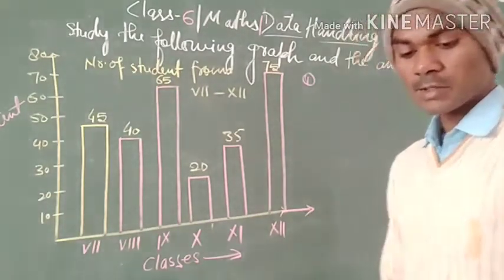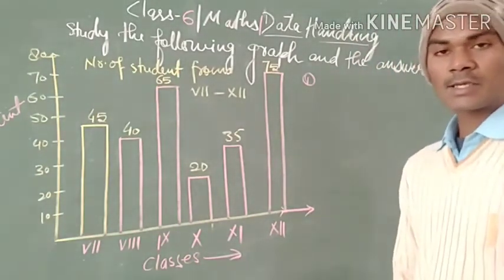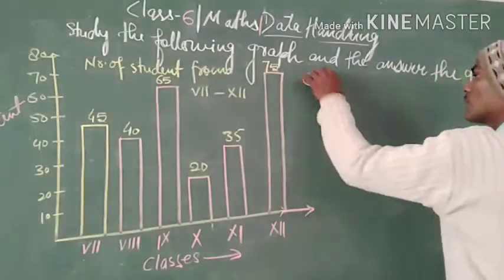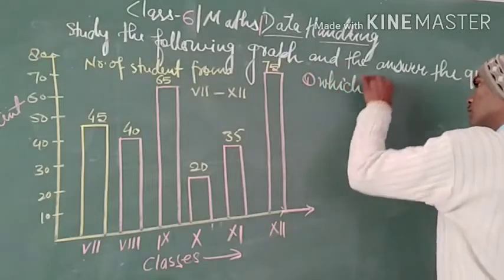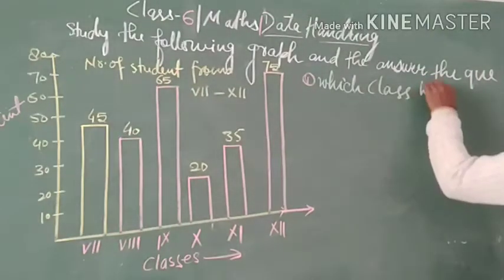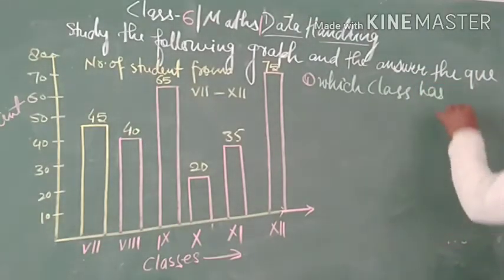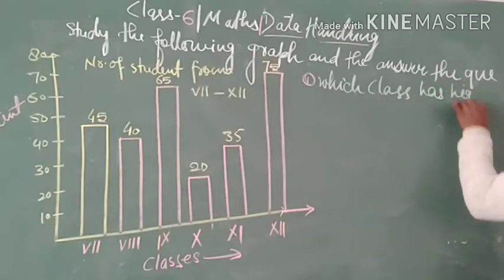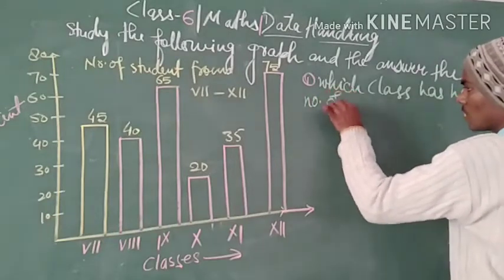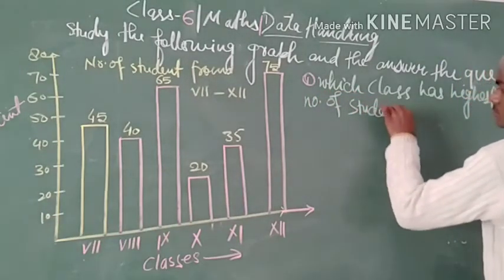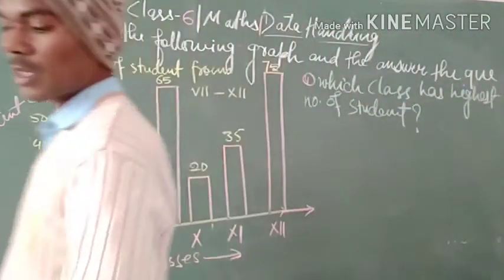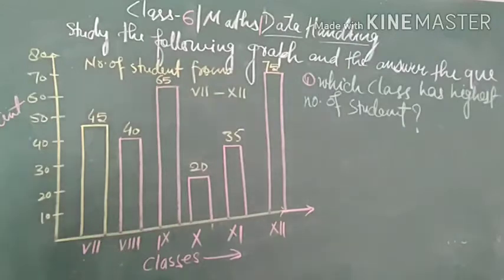The first question is, which class has the highest number of students? Just observe the graph and try to give the answer.